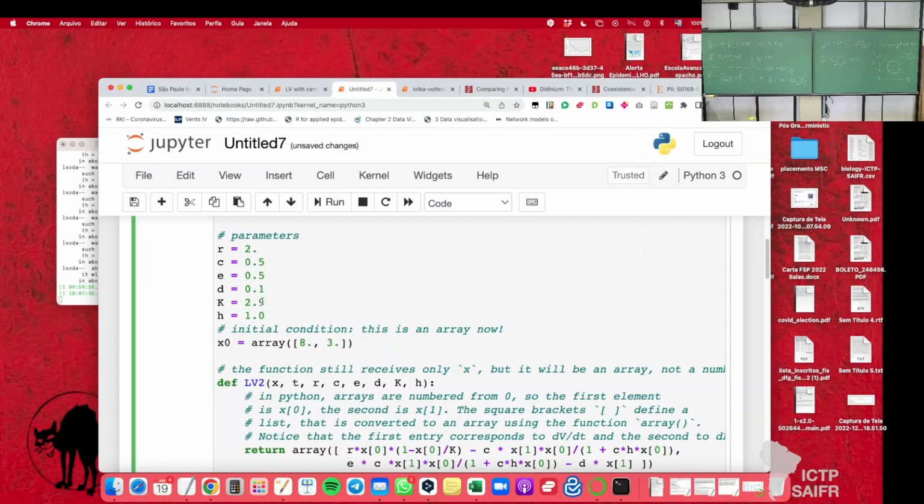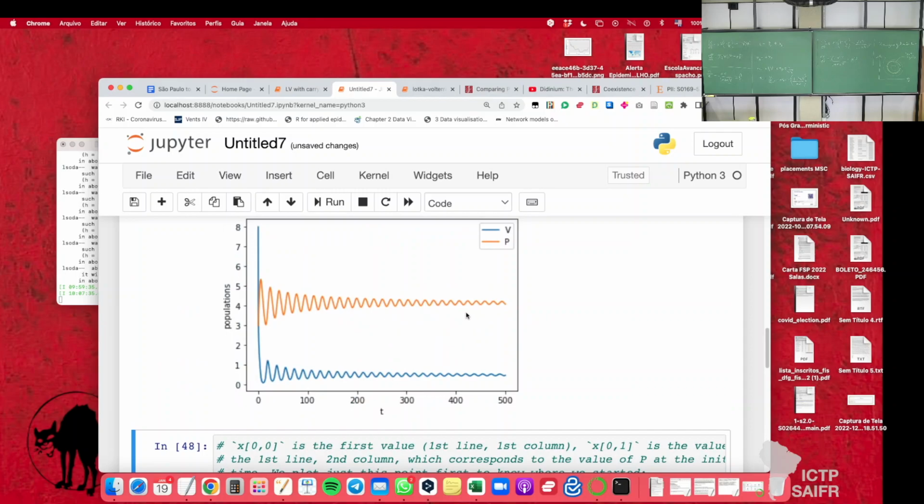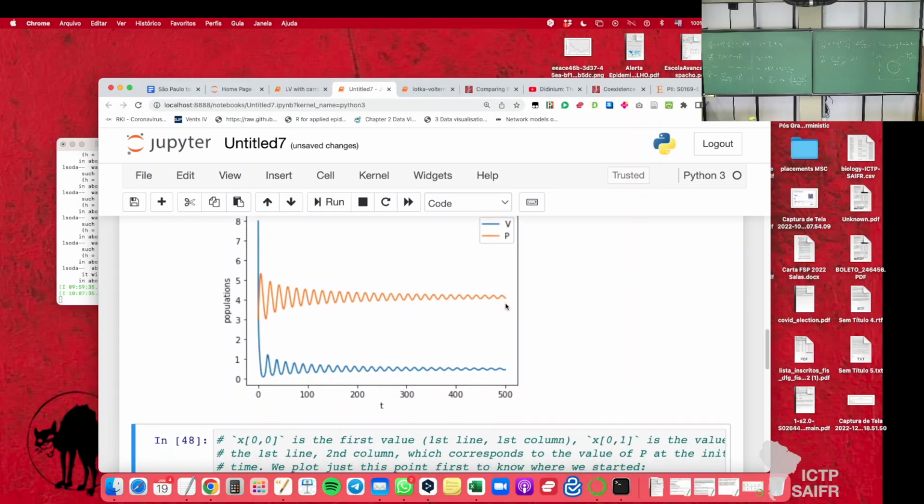Okay, so let's do 2.95 here. Okay, run, and then, well, you would have to run it for a longer time to see if this amplitude is already stable or it's still decaying. Okay, but clearly there's a certain value, which is probably not a simple number.